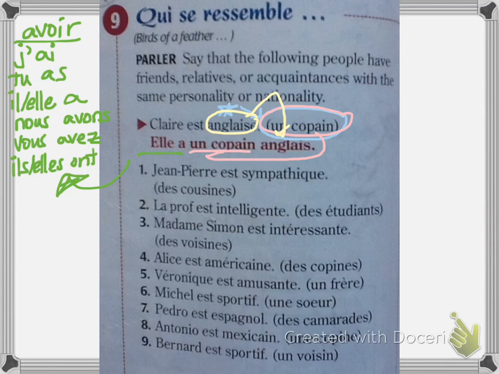Il a des camarades espagnols. 8. Antonio est mexicain, une copine. Il a une copine mexicaine. 9. Bernard est sportif, un voisin. Il a un voisin sportif.